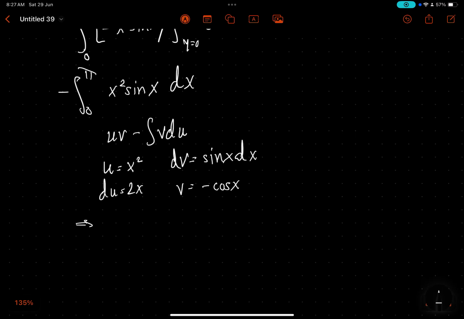Now we're going to get minus x squared cosine of x minus the integral of 2x cosine of x dx.